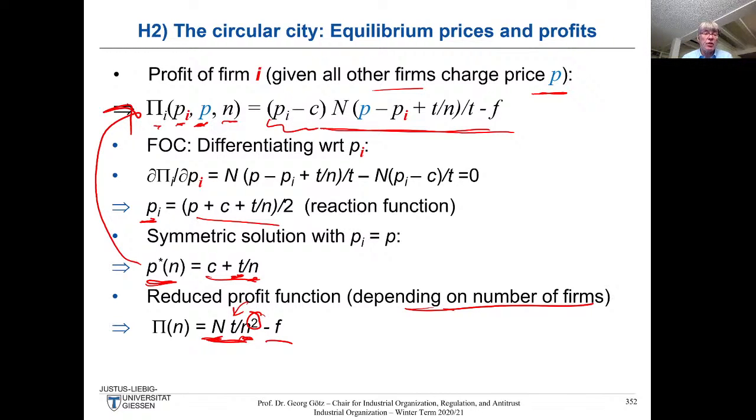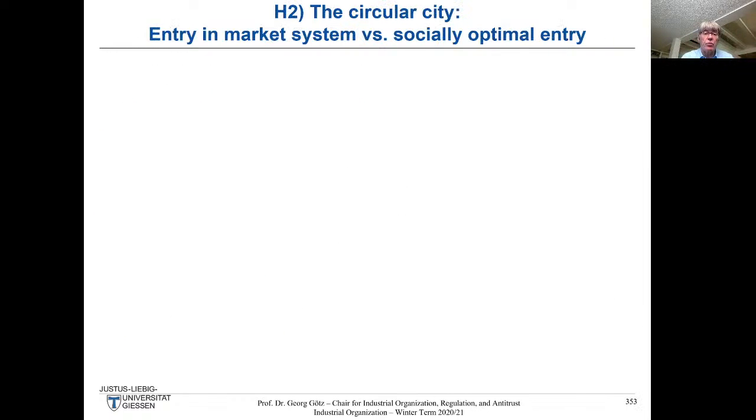Okay, double the competitors doesn't mean you get half of the profit, but you only get a quarter of the profit. That's rather important, because if you get more firms, more rivals, you get closer to each other, and therefore competition intensifies. That's an important effect here. Okay, that's what we have.